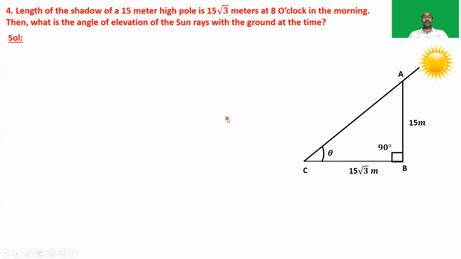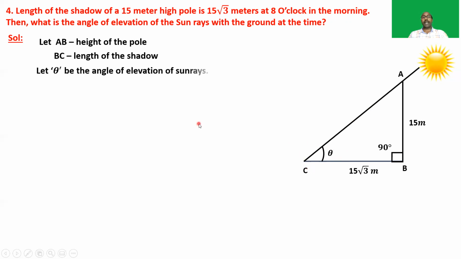So write what is what. AB is the height of the pole, BC is the length of the shadow. So in this triangle, we need to find the angle at C. So let theta be the angle at C. That is the angle of elevation of the sun rays.